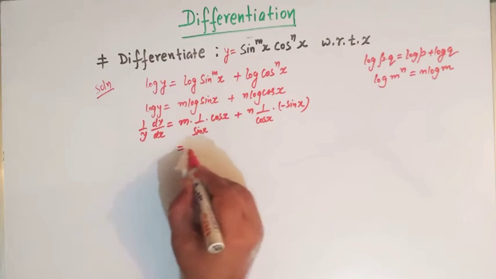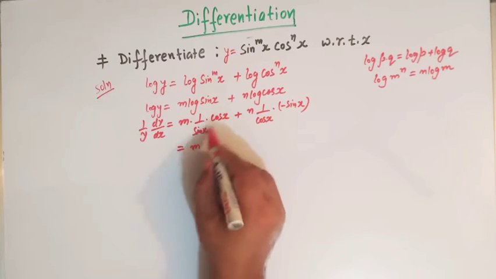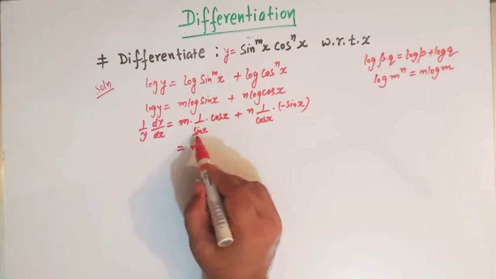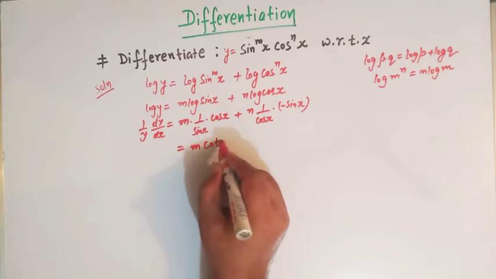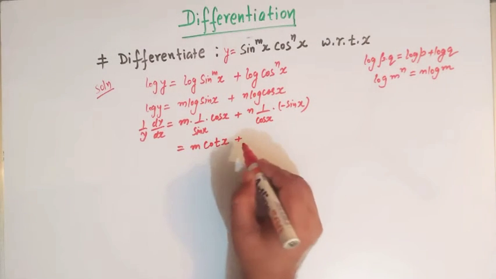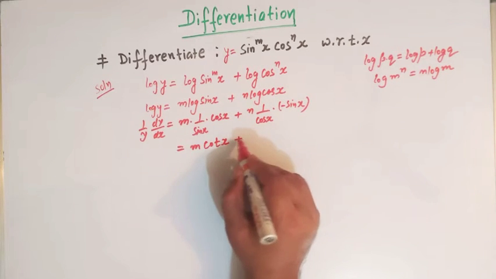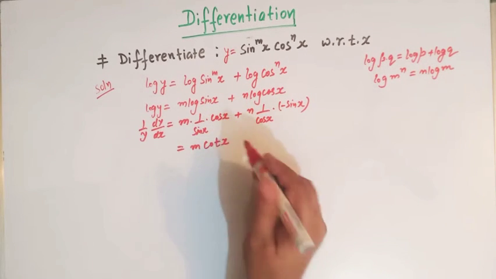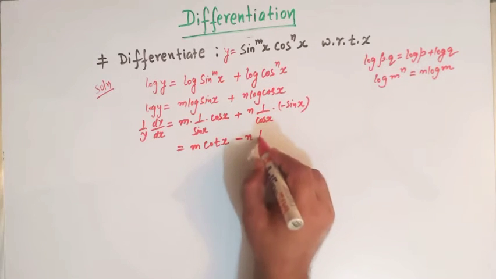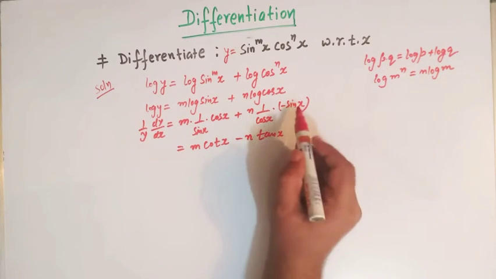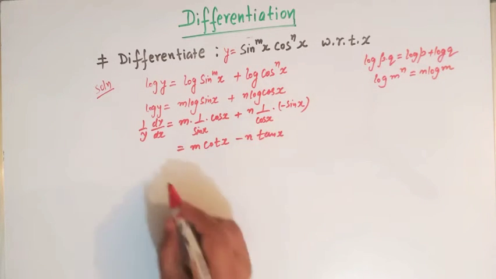So this can be written as m, this is cos over sine, so this is cot x, and this is minus n times tan x, because sin x over cos x is tan x.